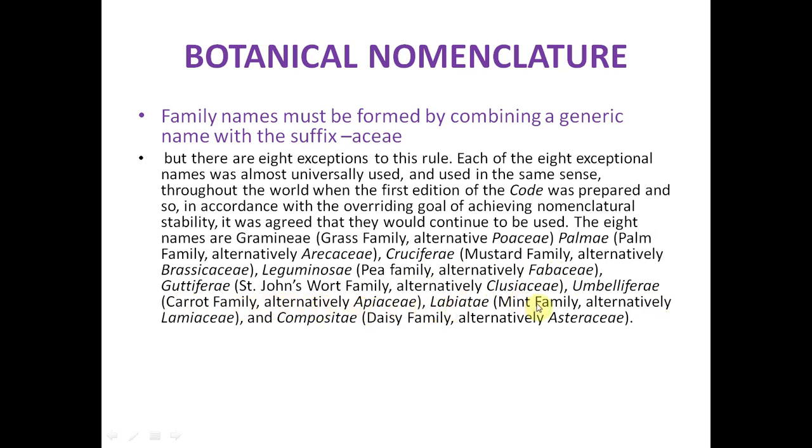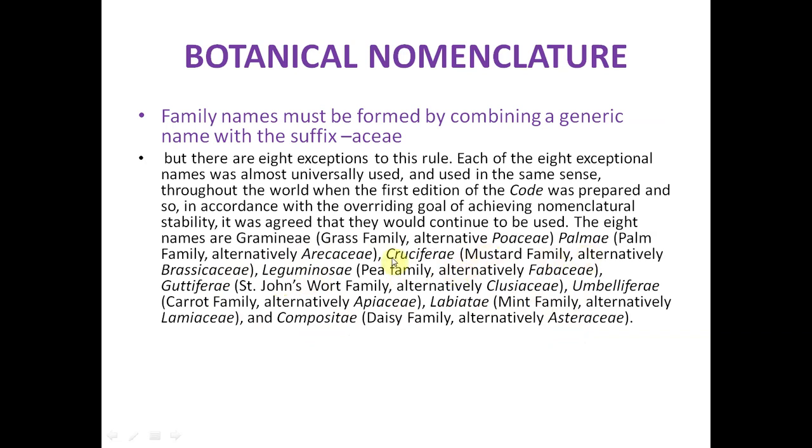And for Labiatae, the mint family, the alternative name is Lamiaceae, and one of the most advanced families in the dicots is Compositae or the daisy family, alternative name Asteraceae. Here these 8 families have been used by the same old name.